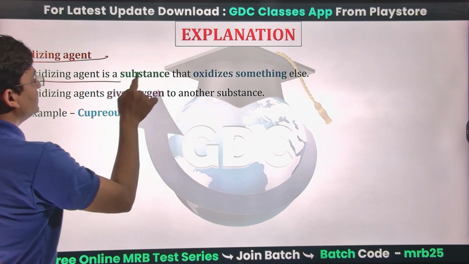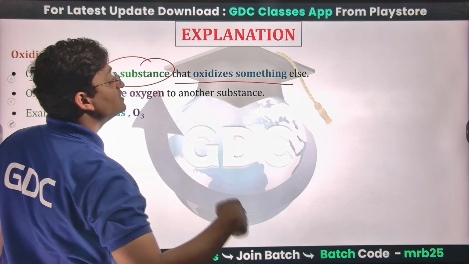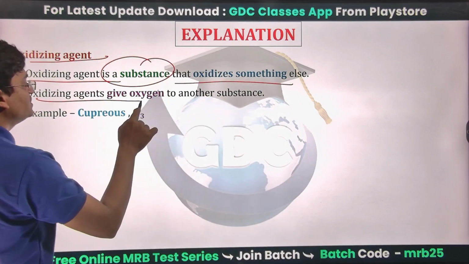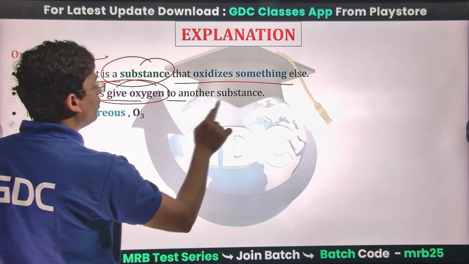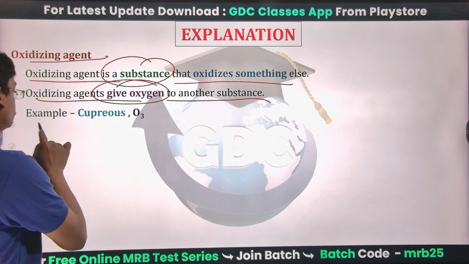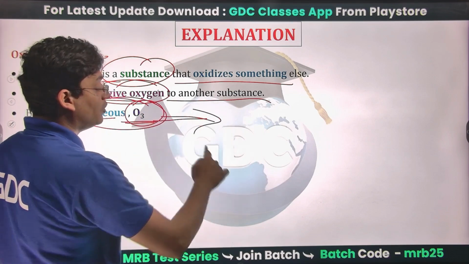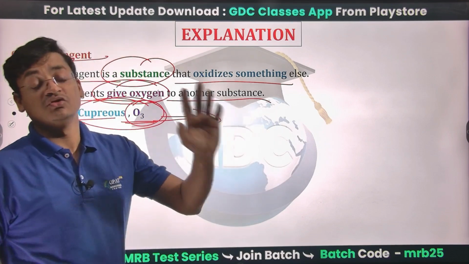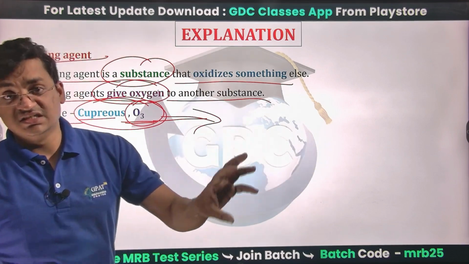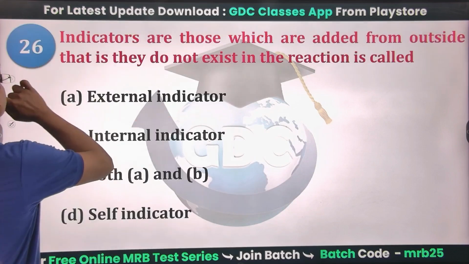An oxidizing agent is a substance that oxidizes something else, giving oxygen to another substrate. But O3 is the strongest oxidizing agent.